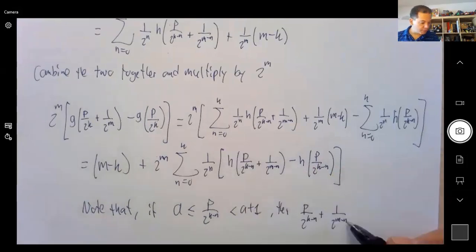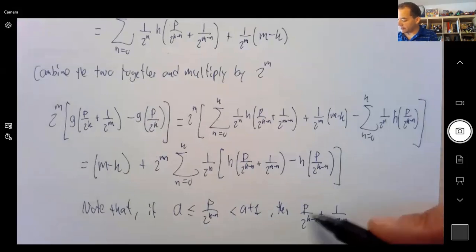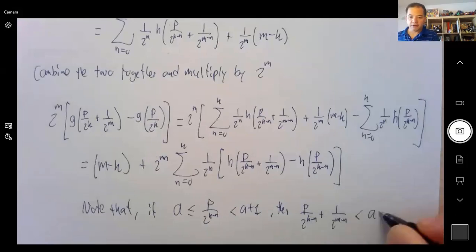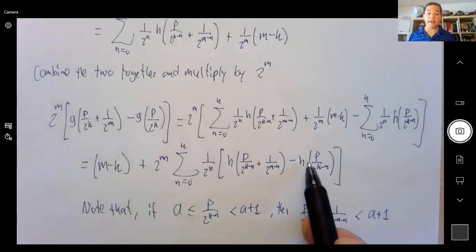So the largest this could be is when n is 0. And that would be 1 over 2 to the m, and m is even bigger than k plus 1. So this is certainly smaller than this one. So this is smaller than a plus 1. Okay, so these two numbers have the same integer part, which means I can apply the lemma.